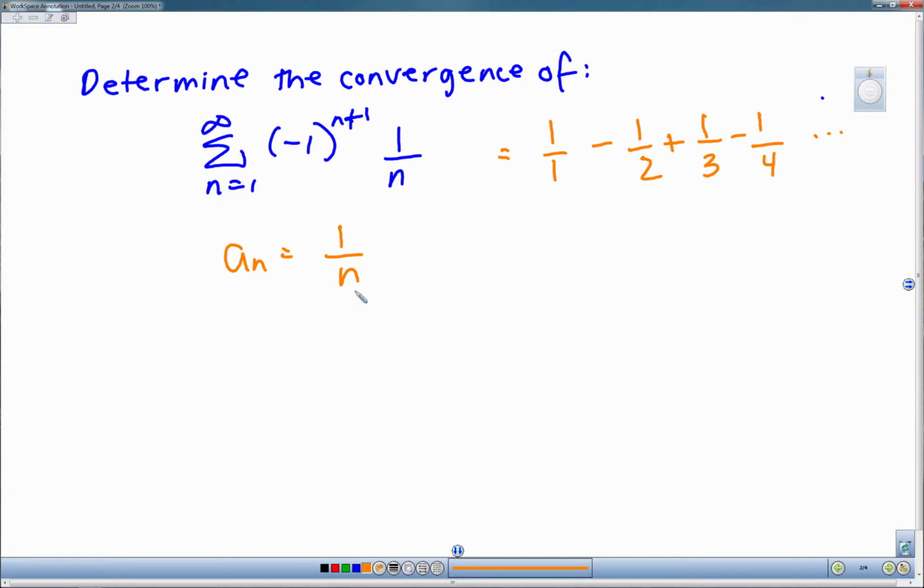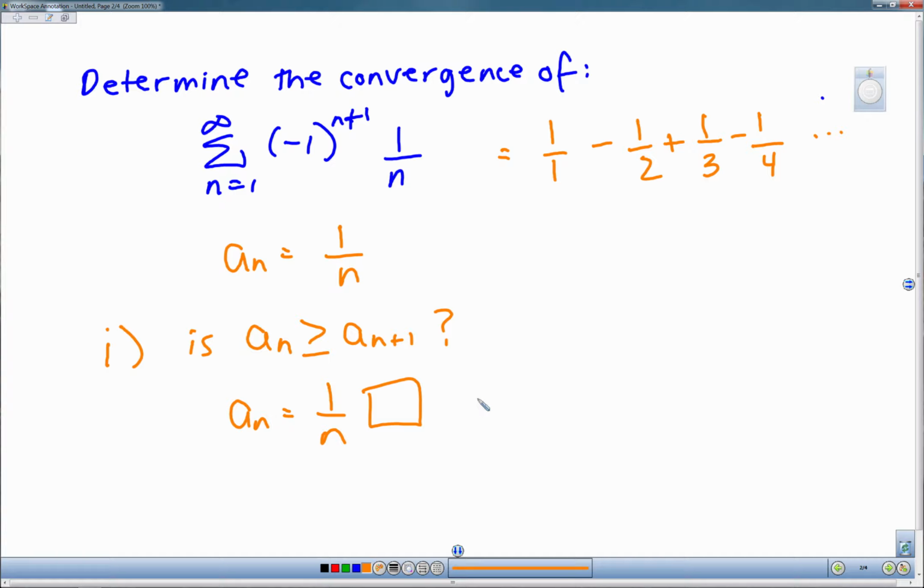So, can we demonstrate that this thing converges or not? If we want to employ the alternating series test, we have two conditions that we need to meet. Let's take a look at the first one. Is a sub n greater than or equal to a sub n plus 1? How might we show that? Well, a sub n is going to be equal to 1 over n.